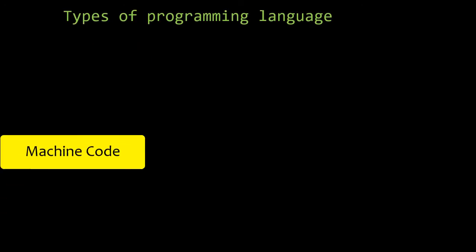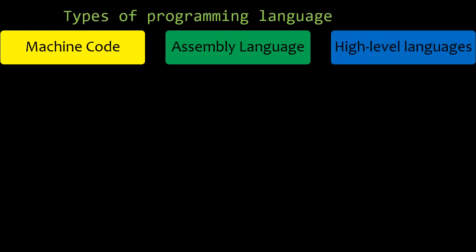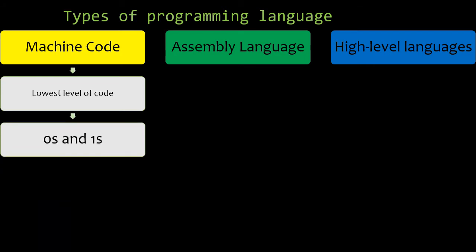So, types of programming language: machine code, assembly language, and high-level languages. Let's go through machine code first. This is the lowest level of code. It is closest to the processor. It uses zeros and ones, so that's how the code is written. It would just look like binary data to us.